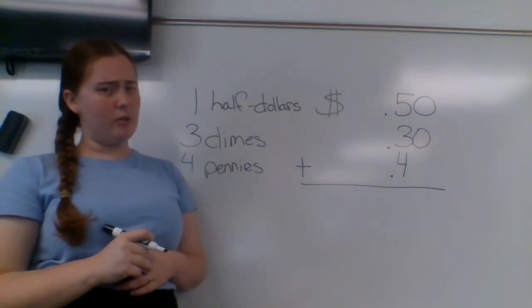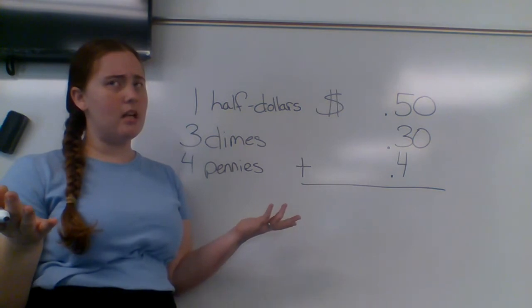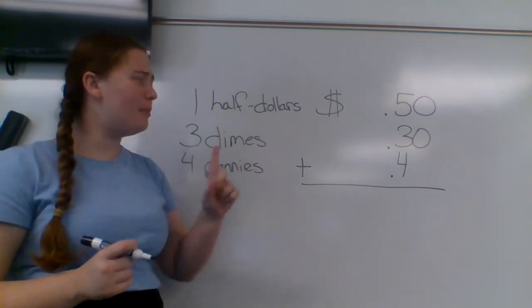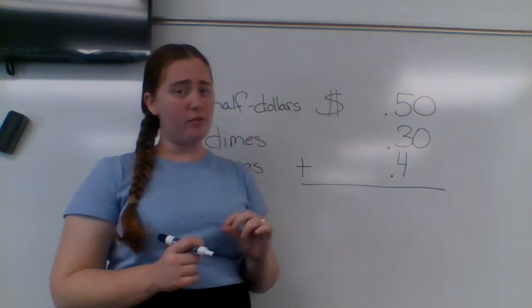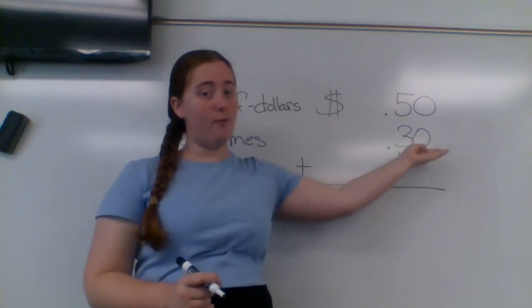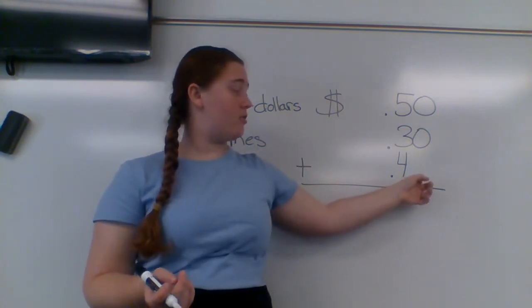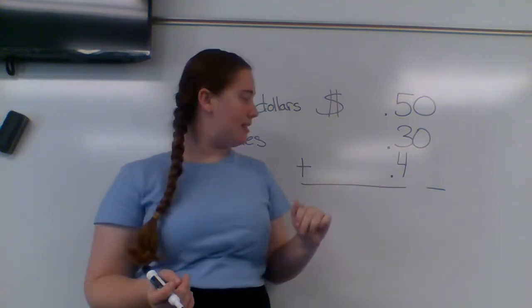Now, you may have noticed I did something wrong there when I wrote 4 cents. What did I do wrong? Right, I put this 4 right here in the wrong place value. I just wrote 4, but if there's nothing behind the 4, then automatically there's a 0 behind the 4. So this isn't just 4 cents, it's 40 cents, even though I didn't technically write the 0 there.